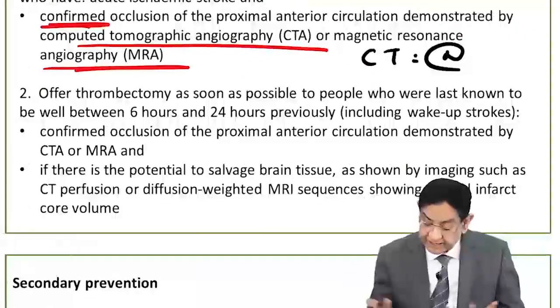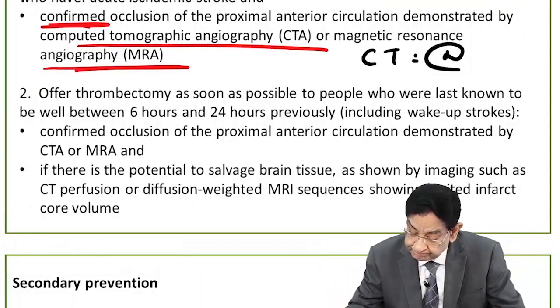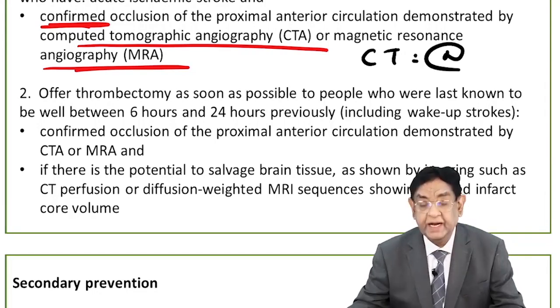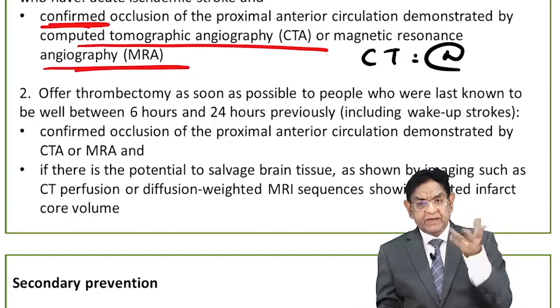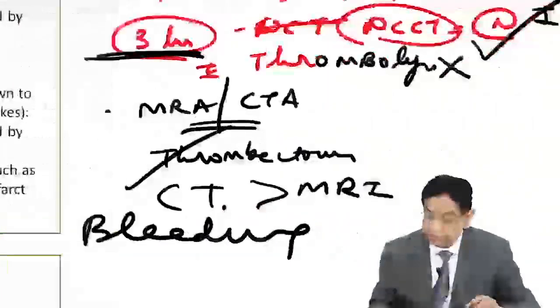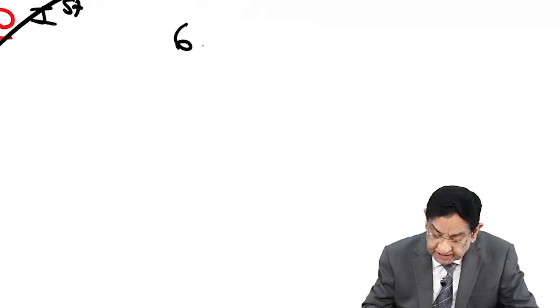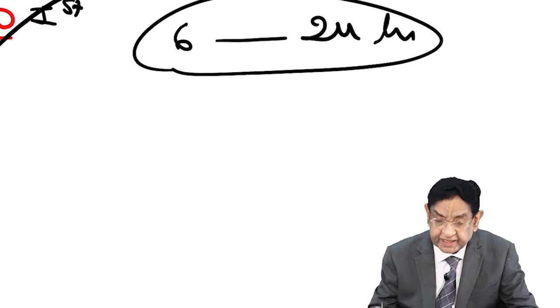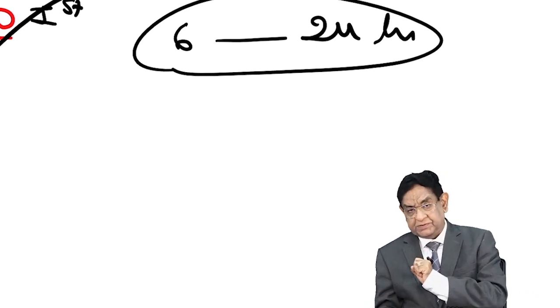Well, it's 10 hours now, and even the 6-hour period is gone. So between the time of 6 hours to 24 hours, we can go for thrombectomy also.